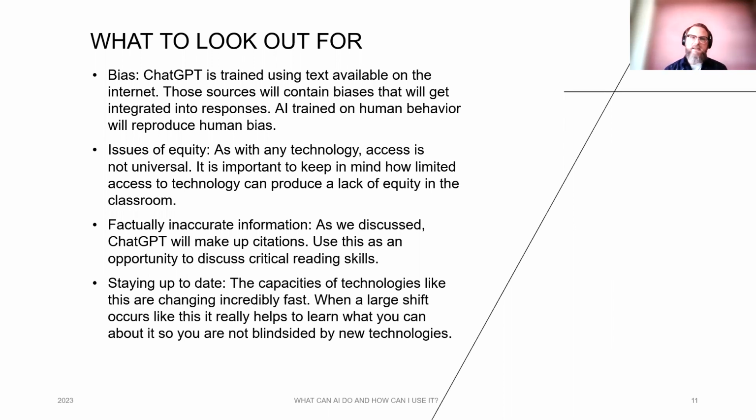And I noticed in a few of the other presentations, they really brought up how, if you're going to be using this in a classroom, it's good to sit down beforehand and have a conversation with all the students about these problems so that they know what to look out for, and they're not just trusting it out of the gate, so they can be responsible users of it.